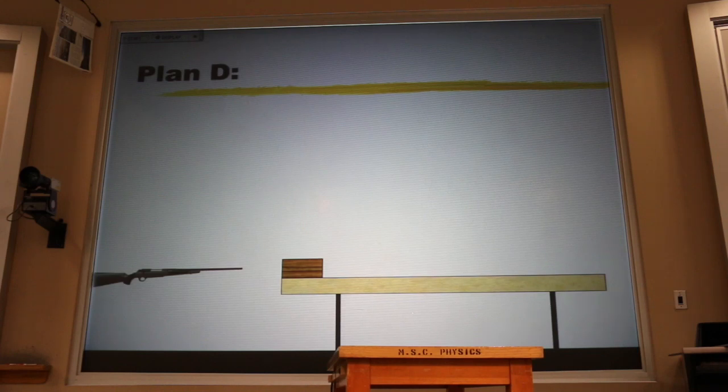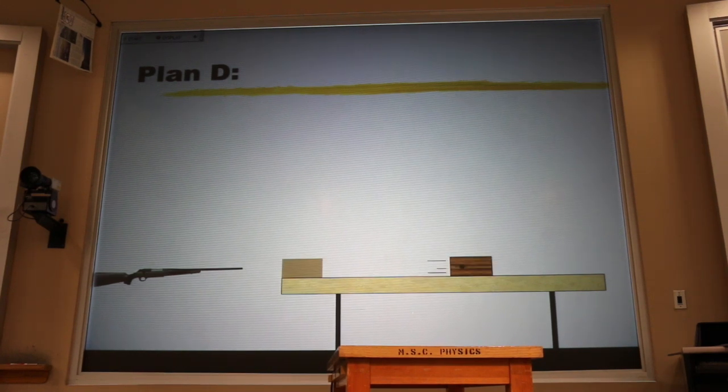So instead, they do what we talked about, where you fire into an object, like a block of wood, and you watch as that block of wood gets pushed across a rough surface. If you measure how far it goes, and you measure the friction force by using a force probe and pulling that block along the surface at constant speed, you can solve for the muzzle velocity.